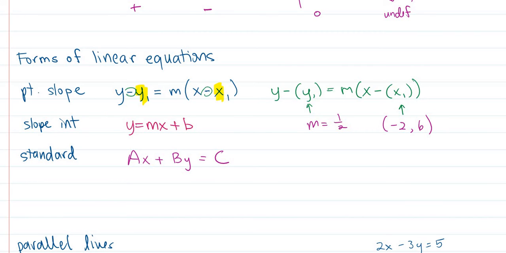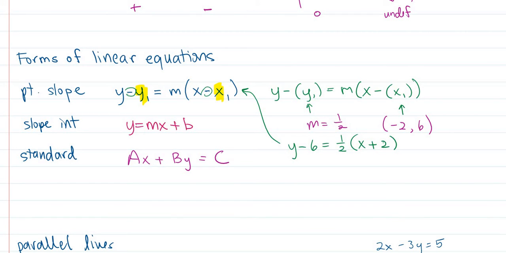In this case, our first version would be y minus 6 equals 1/2 (x plus 2), because it's minus -2. That's it. That's point slope form. You leave it alone. Don't do anything.